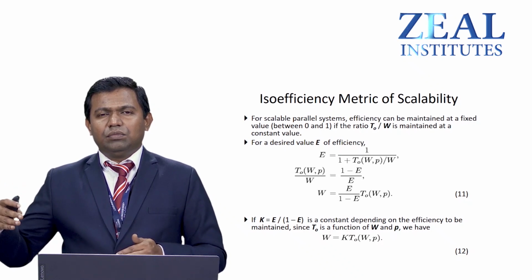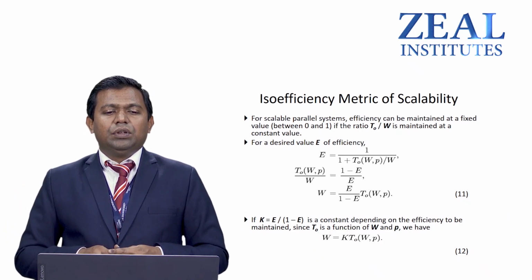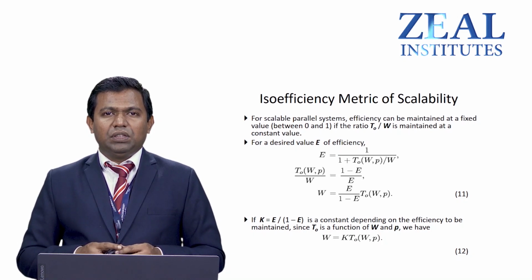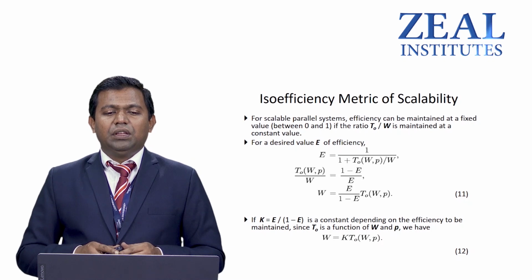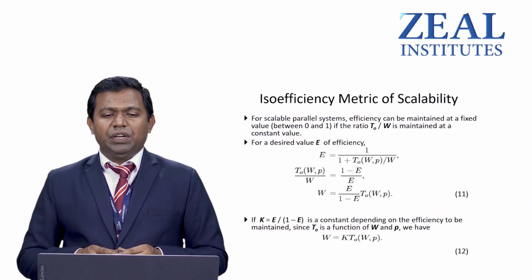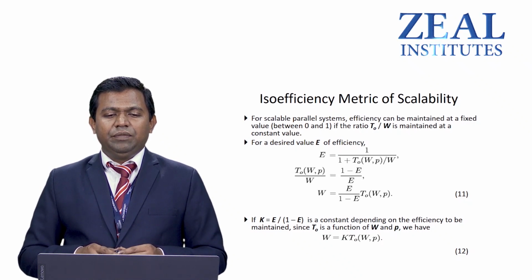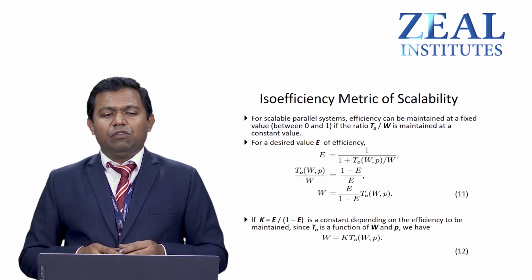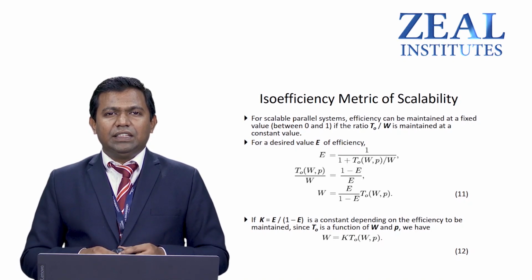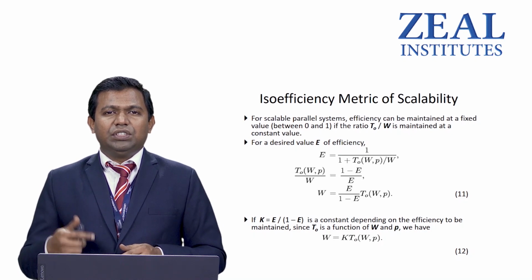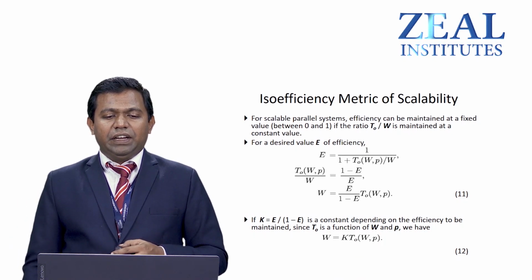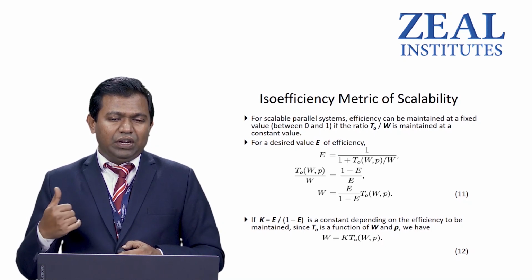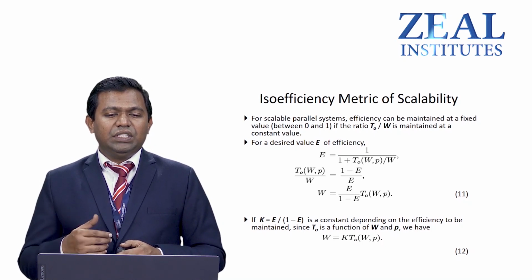For a desired value E of efficiency, E equals 1 upon (1 plus T_0(W, P) divided by W), so T_0(W, P) divided by W equals (1 minus E) upon E. So W is equal to E upon (1 minus E) times T_0(W, P). If we take K equal to E upon (1 minus E), which is a constant depending on the efficiency to be maintained, and since T_0 is a function of W and P, we have W equal to K times T_0(W, P).